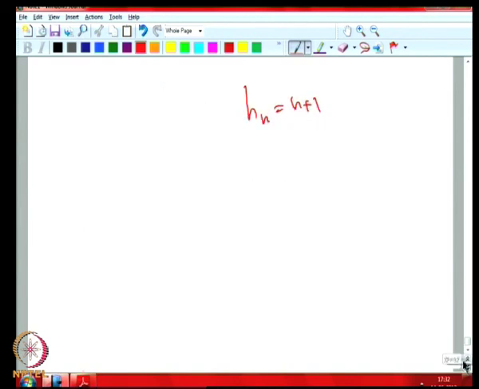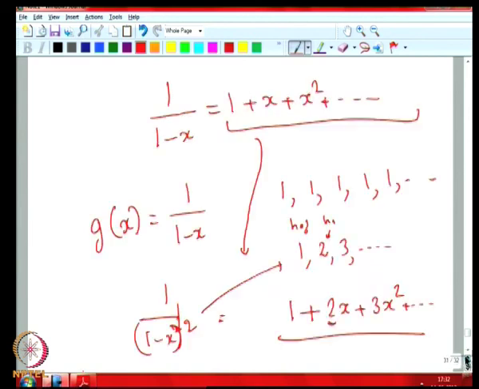So 1 by 1 minus x whole square is the generating function of such a sequence. Or we can multiply this side by an x, and that side by an x. So x into 1 minus x whole square will introduce an x everywhere, so the exponent of x will be the same as the coefficient of that term.